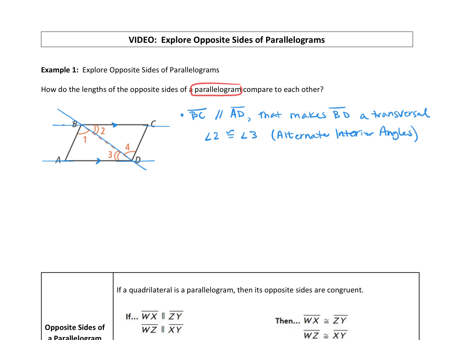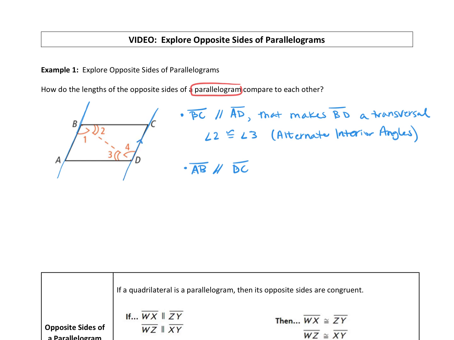So are those the only parallel lines we have? No, they're not. We've got another set of parallel sides, excuse me. We also have side AB that is parallel to side CD, or DC. If we go back to our picture, let's extend side AB so it looks more like a line, and extend side DC.